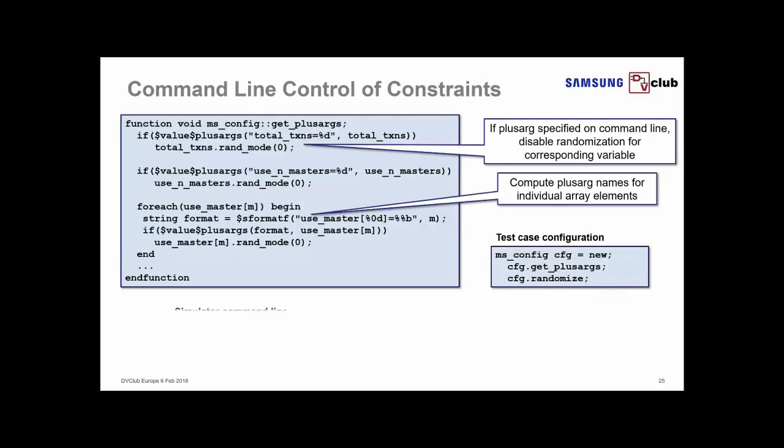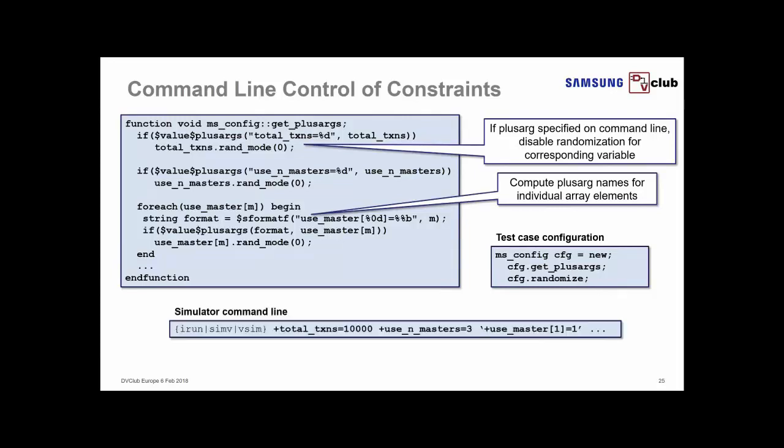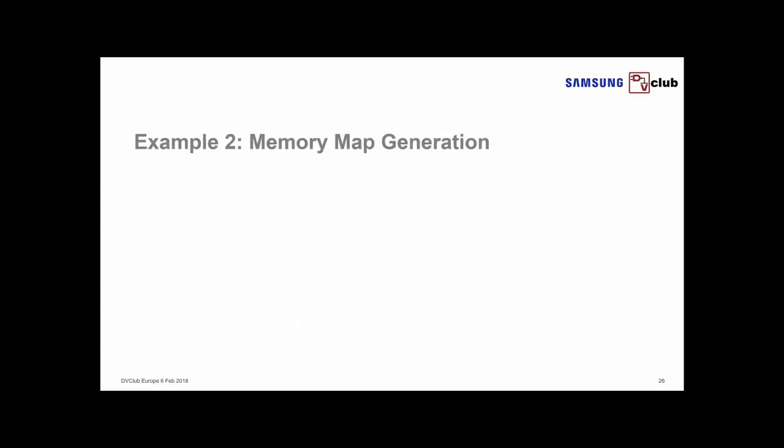I would just create my new test configuration, call this function, do my randomization, and then the command line might look something like this. Without recompiling my design or my testbench, I can specify constraints like this on the command line. Now you'll notice that I had to quote this particular one because these square brackets would likely be special characters in the shell. So I need to quote it to ensure that this literal string is passed through to the simulator.